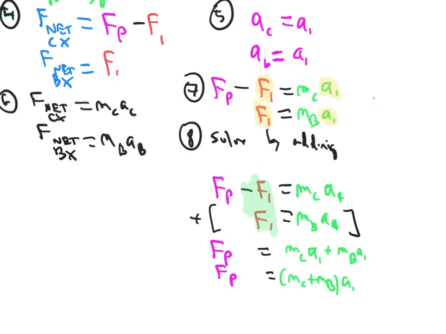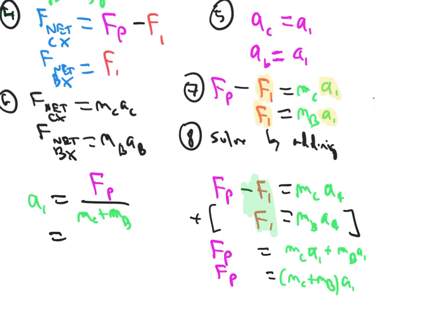And that lets me divide over, and I would find, I'm going to move over here just to not have to scroll again, that A1 will equal the force with which we push over the sums of the masses.